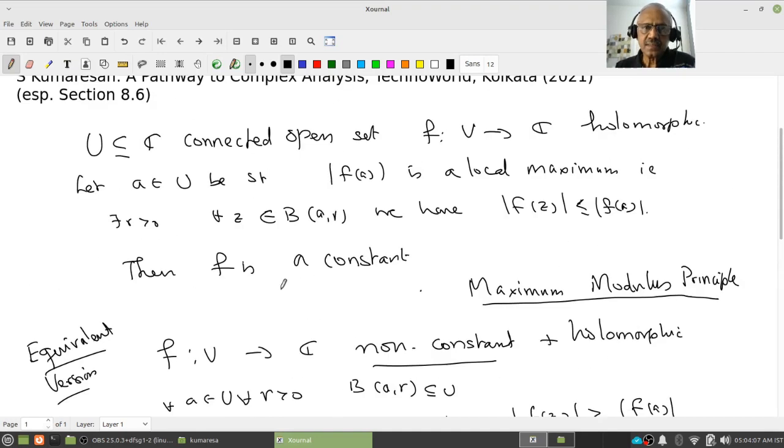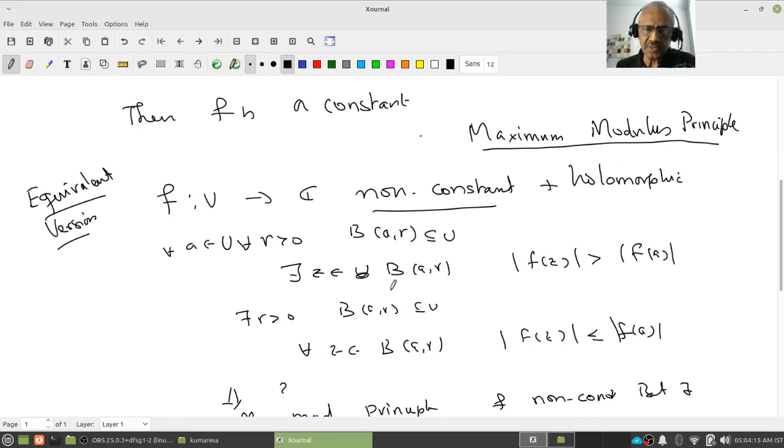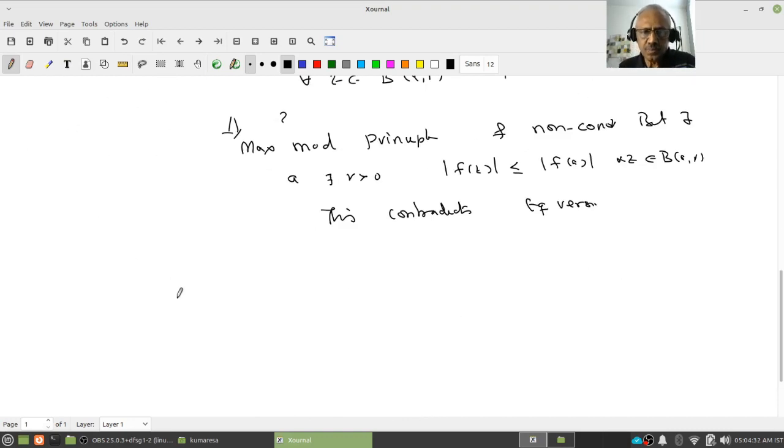It said that suppose there exists a so that mod f(a) is a local maximum, then f is a constant. So the contrapositive is the equivalent version. What does it say? Suppose f is non-constant holomorphic, then for every a in U and for every r positive with B(a, r) contained in U, I can find a z in B(a, r) so that mod f(z) is greater than mod f(a). Please go through, make sure that you understand.